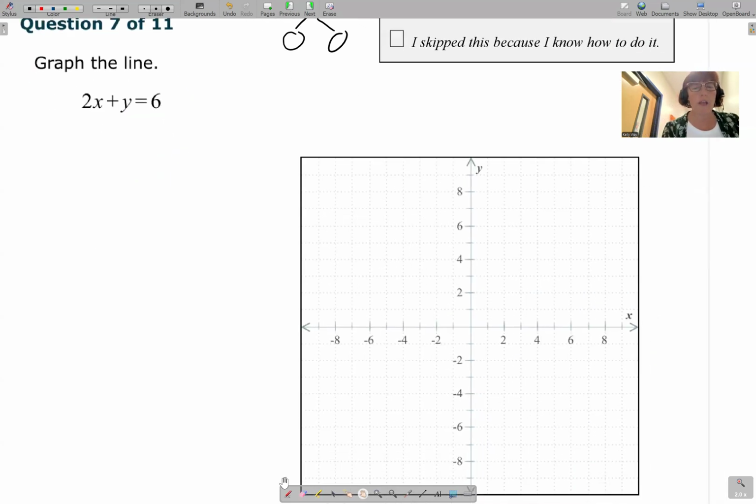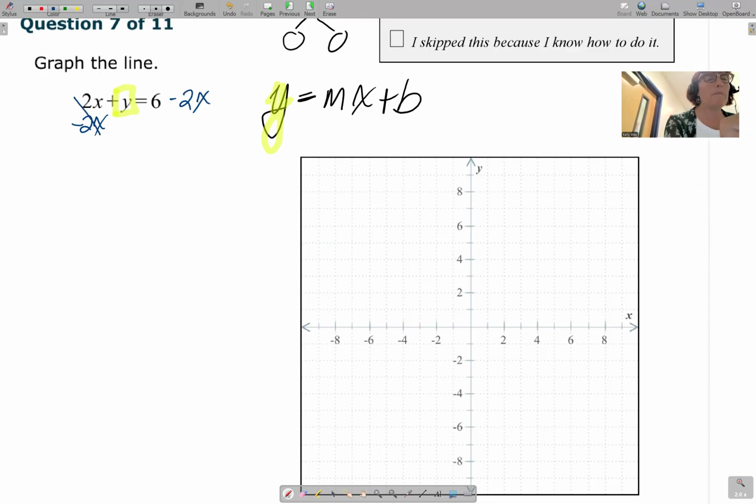Okay, graphing the line when something's not in y equals mx plus b, your goal is to get y by itself. That's your ambition, get y by itself. So here we have y by itself. There's nothing to divide out here.